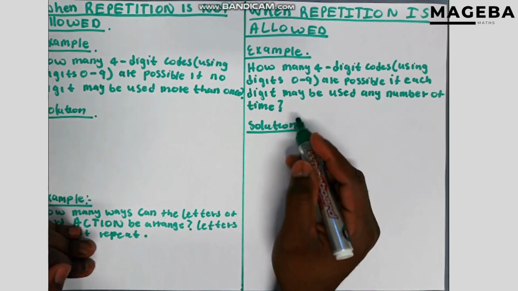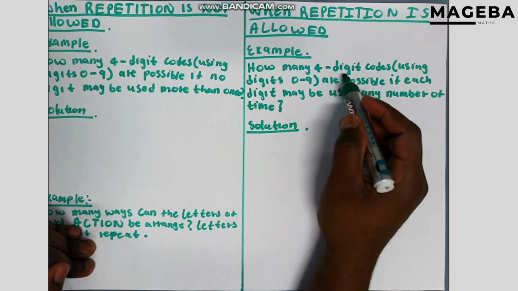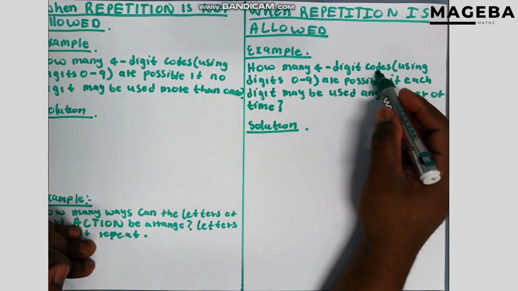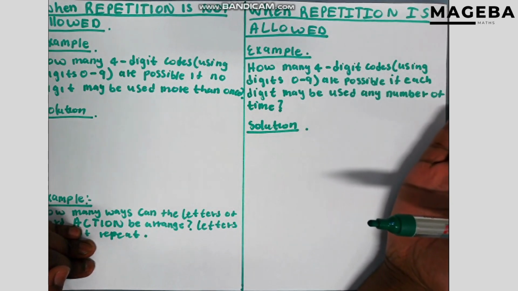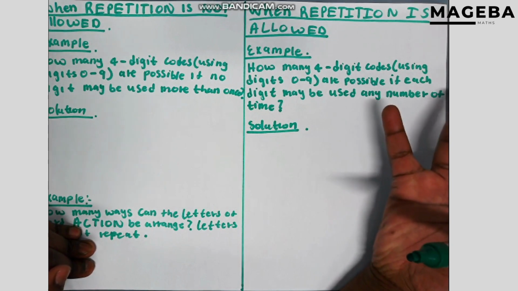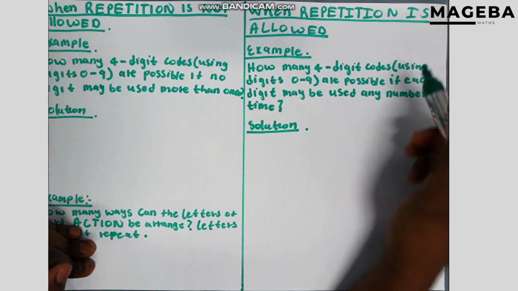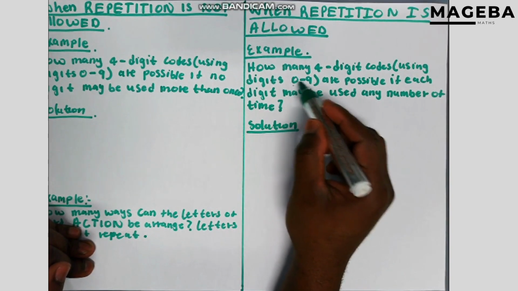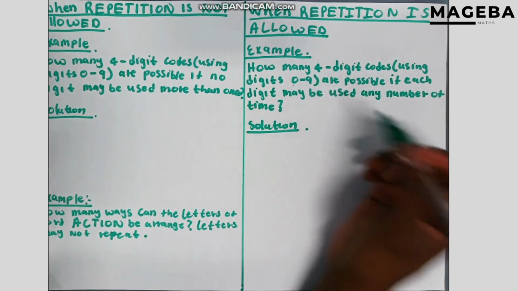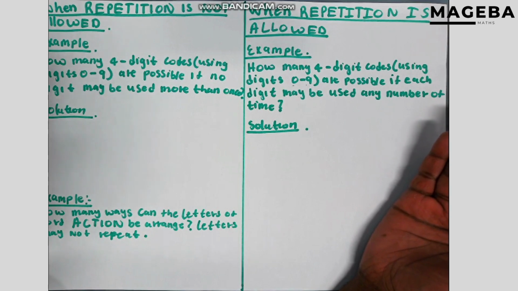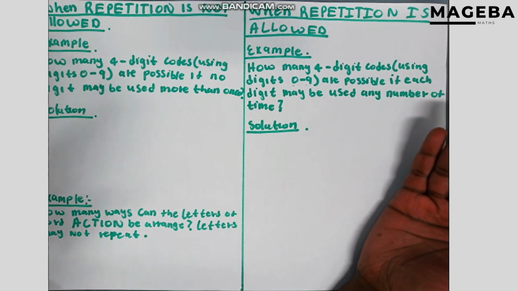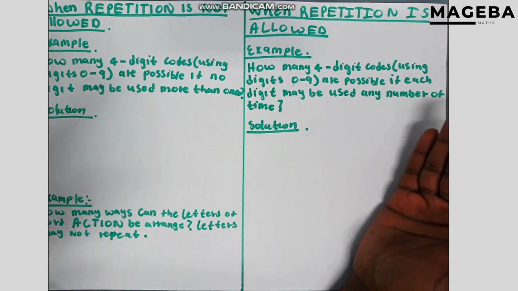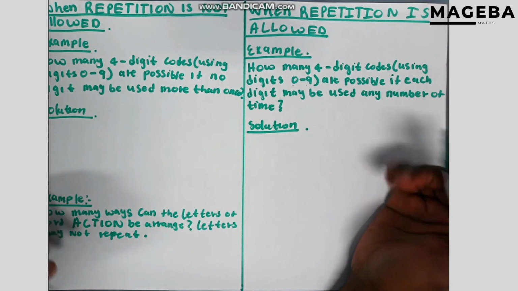Our example asks: how many 4-digit codes, and this 4-digit code is going to act as our task, using digits from 0 to 9. Those are 10 digits, and remember we are counting 0 as a digit.